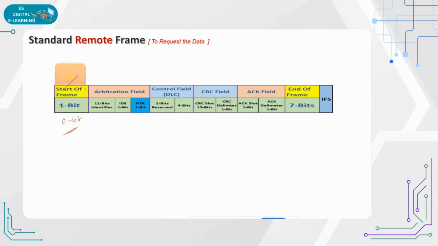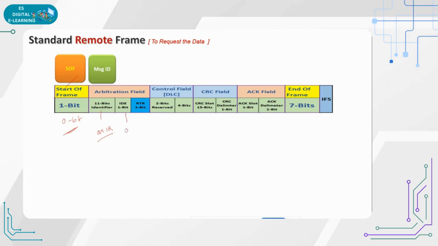Okay. Next, coming to the arbitration field, because this will give the ID, like which ID you are able to communicate with and what the messages are. Next, we have the ID. Then we have the RTR. This RTR is a very important field.